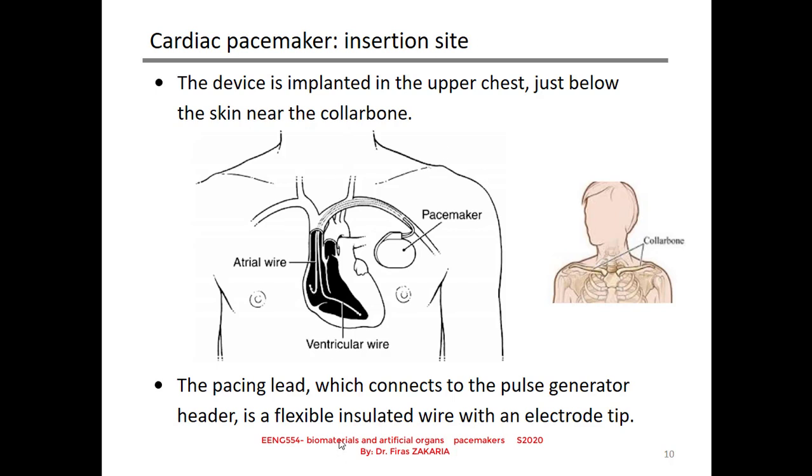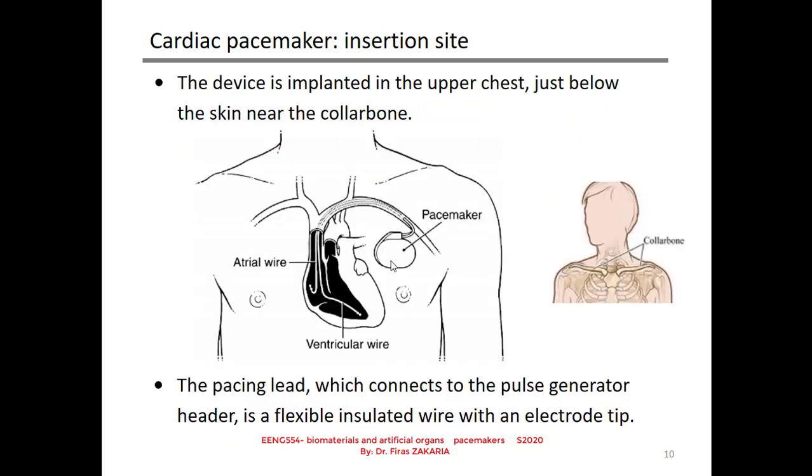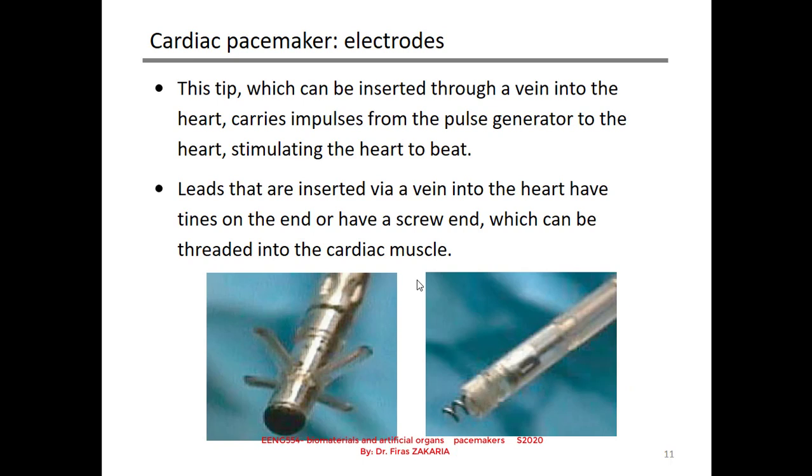These are flexible insulated wires with an electrode tip. طيب هيدا التip can be inserted through a vein into the heart وهو carries أكيد the impulses from the pulse generator to the heart, and it stimulates the heart to beat.